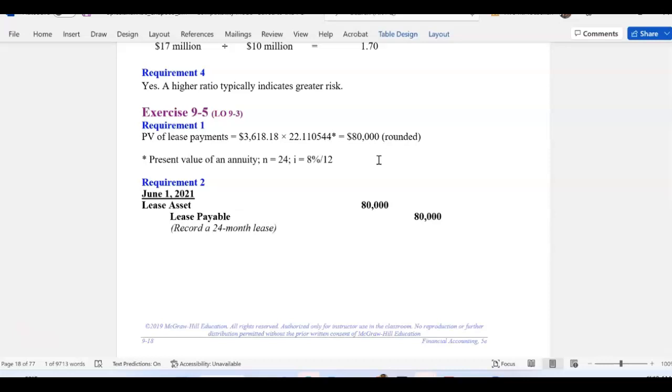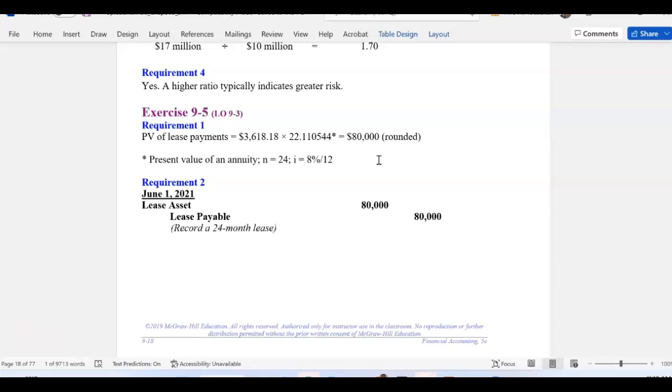Make sense? So if you add all these $3,618 for 24 months, let me do it for you. 3,618.18 times 24. You see, it shows on my calculator 86,836. But if you convert this to today's value based on an 8% interest rate, it will become $80,000.